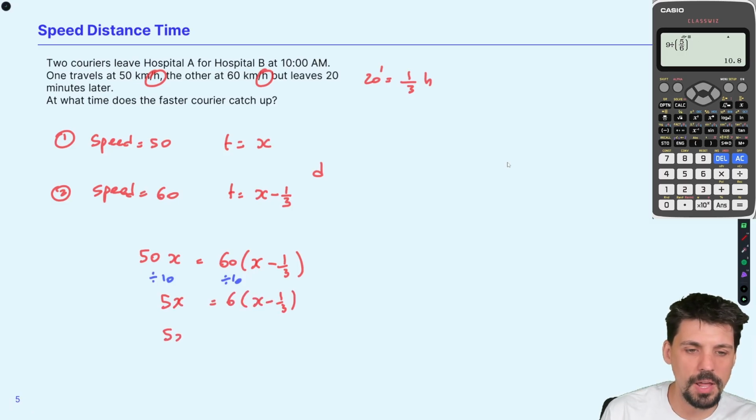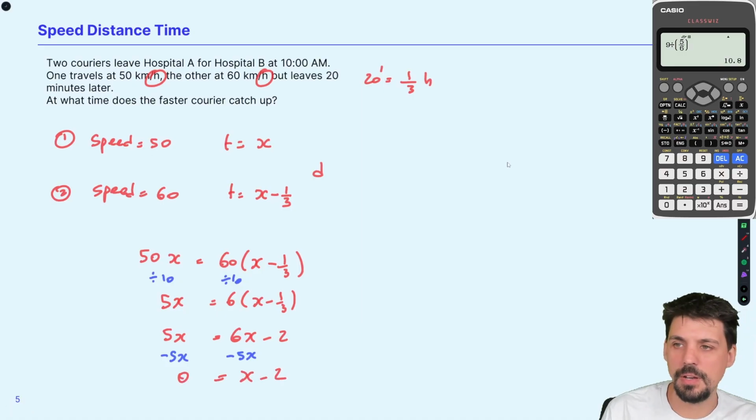We can then multiply out the right-hand side. We can then subtract 5x from both sides. And then we can add x to both sides.